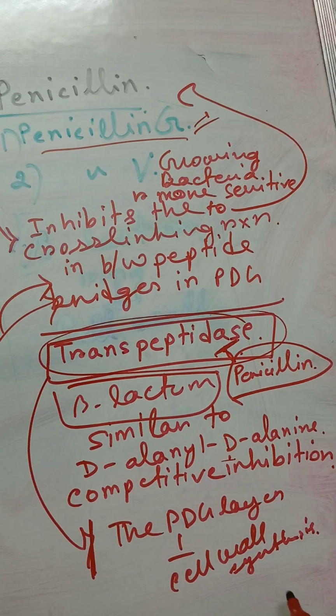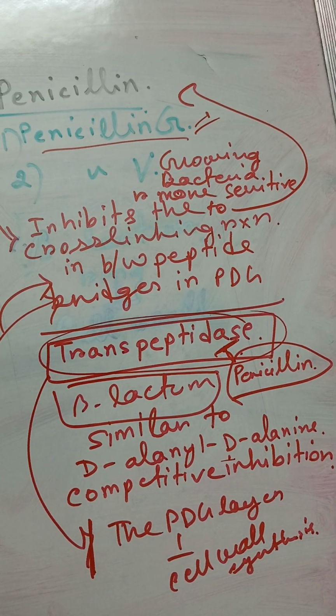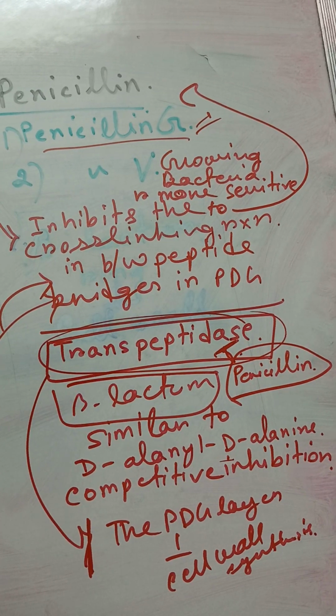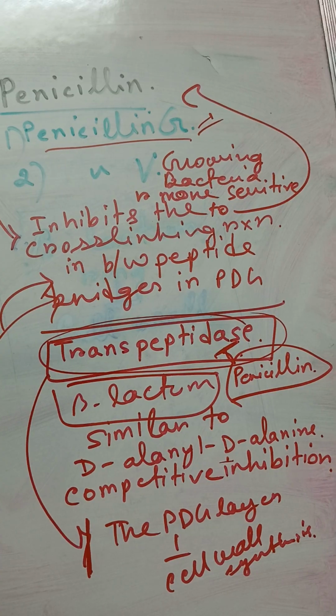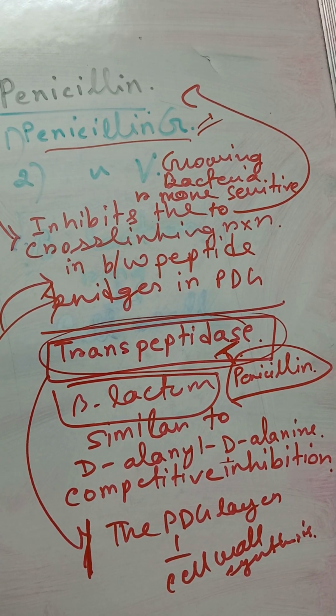Because once the cell wall or the PDG layer has been formed completely, there is no need for transpeptidase blockage. That is why penicillin should be applied on growing bacteria, not a fully grown or an old age culture of the bacteria.